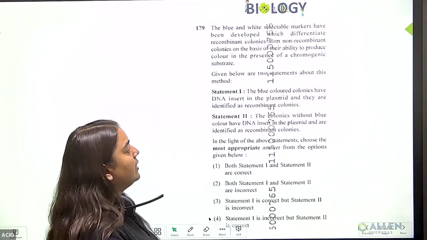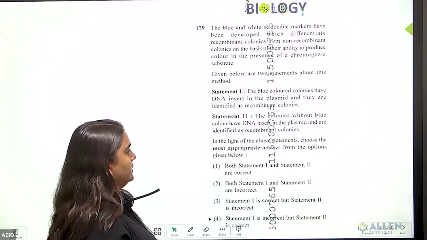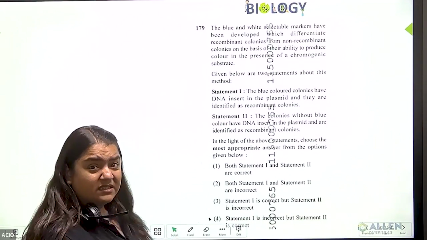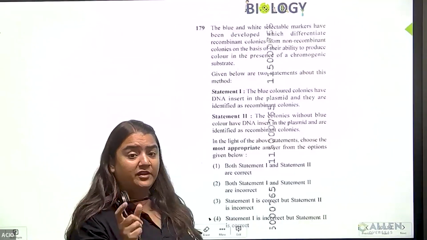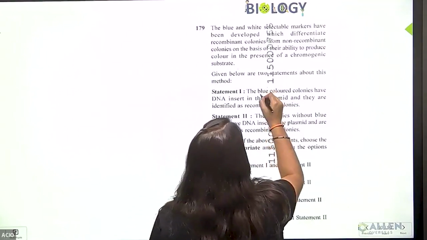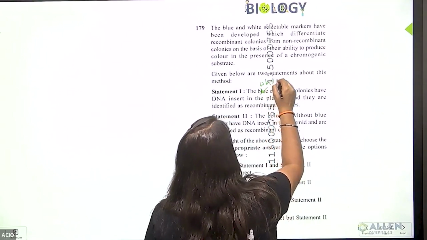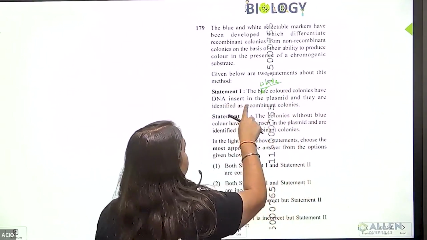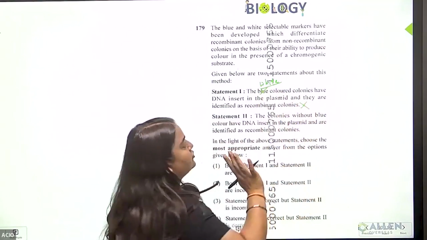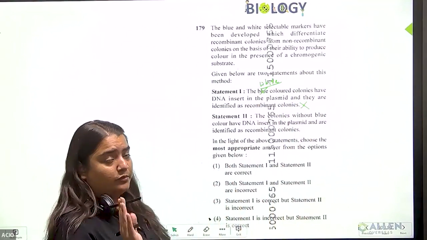Given below are two statements about this method. Statement 1, the blue color colonies have DNA insert. No, no, no. If you have the DNA insert, then the colonies will be white, not blue. The white color colonies have DNA insert in the plasmid and are identified as recombinant colonies. That's why statement 1 is wrong.